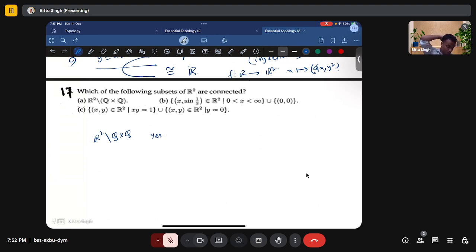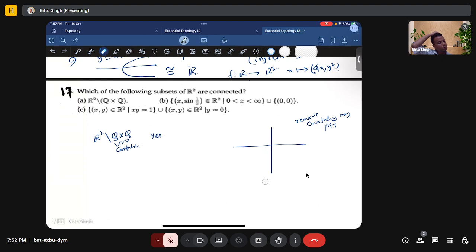Why? Note that this is our R2. If we remove countably many points, Q cross Q, which is a countable set, then we'll prove this remains path connected, more than connectedness.